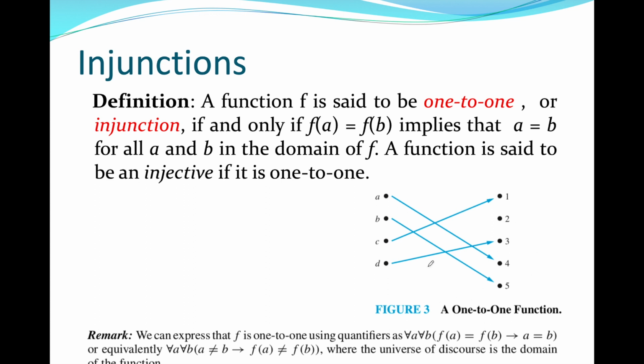If you notice in this figure, we have two non-empty sets. This is the set A, then this is the set B, and both sets have a one-to-one relation. The element in set A has only one relation with set B. The same goes for element B, which has only one relation to an element in set B, which is 5, and the same goes for C and the same goes for D.